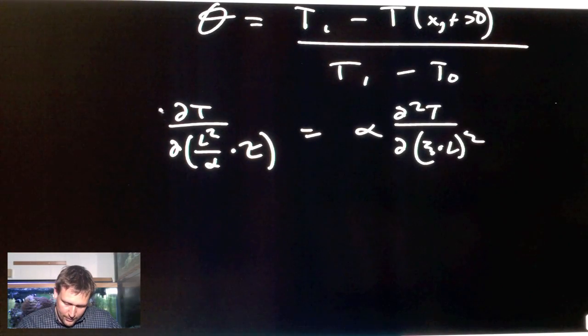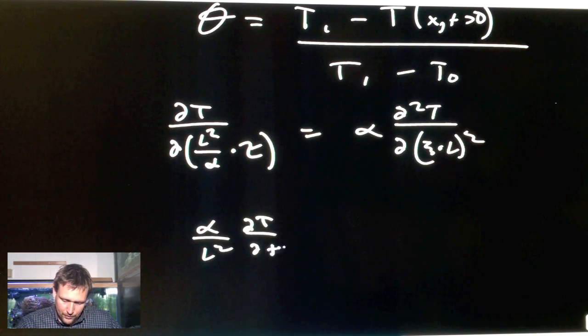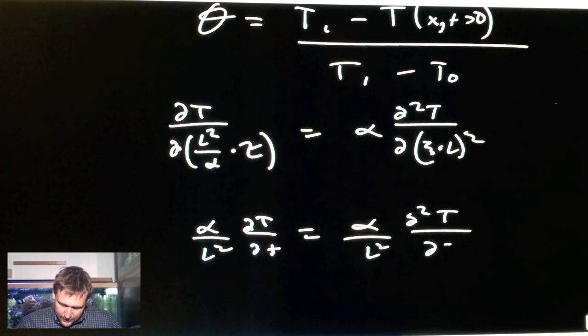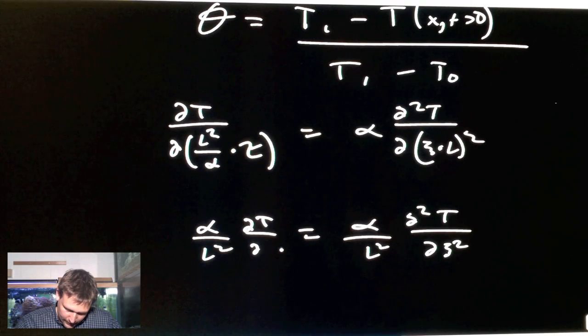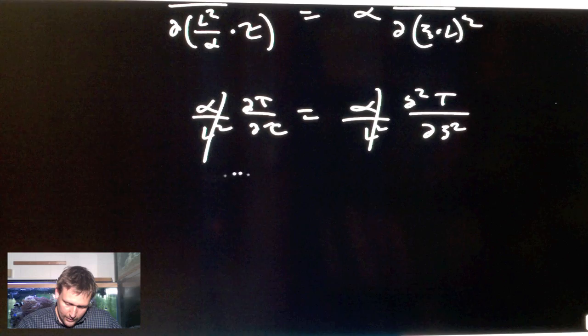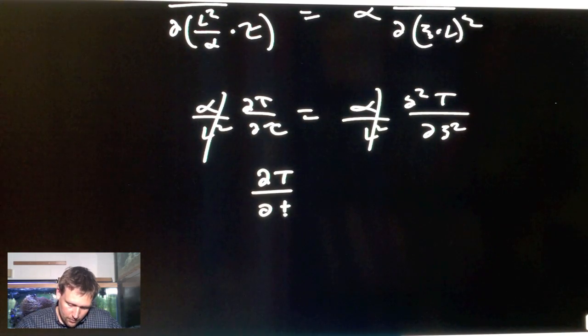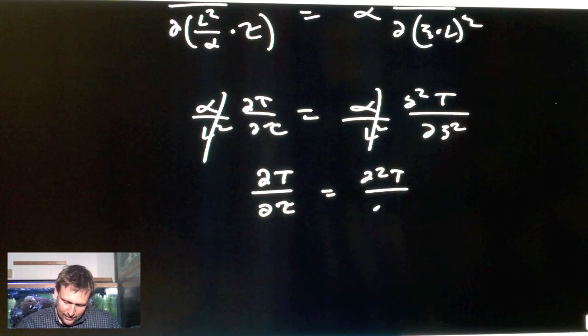We're going to end up with alpha by L squared del t equals alpha by L squared del squared temperature del psi squared. This is a tau now, not a t. Let me be careful about that. These terms cancel out, and for the first run, before substituting in theta, you get del temperature del tau equals del squared temperature del psi squared.